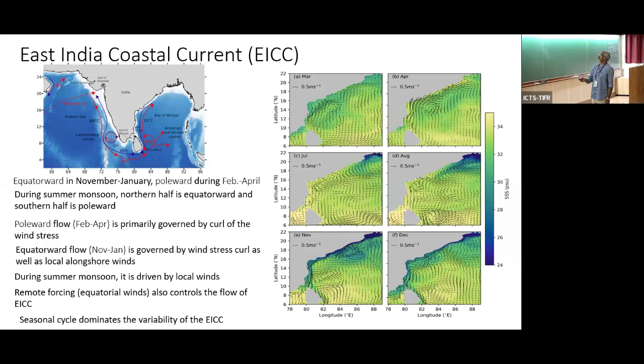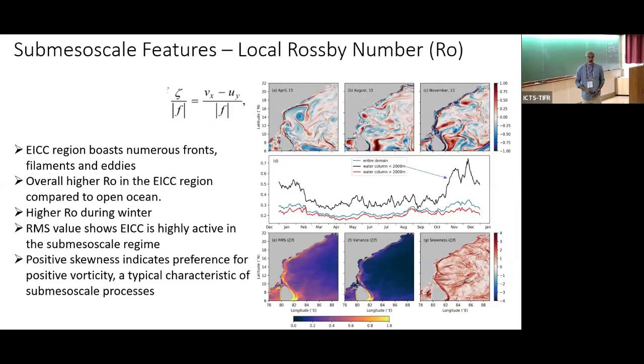Now, coming to the submesoscale, this is the Rossby number, which is the basic parameter to characterize the submesoscale, given by the ratio of the relative vorticity to the planetary vorticity. This shows the Rossby number pattern for three times of the year: spring, summer monsoon, and the northeast monsoon season.